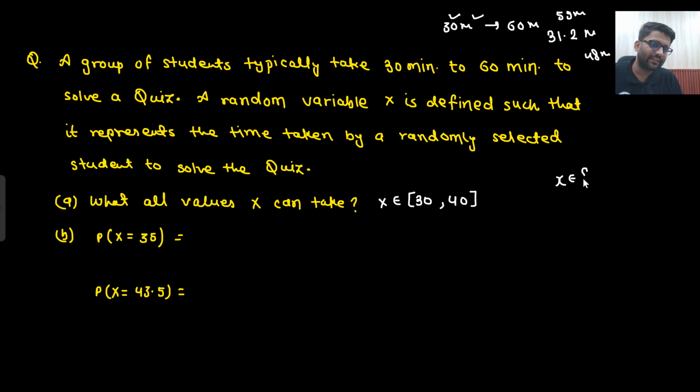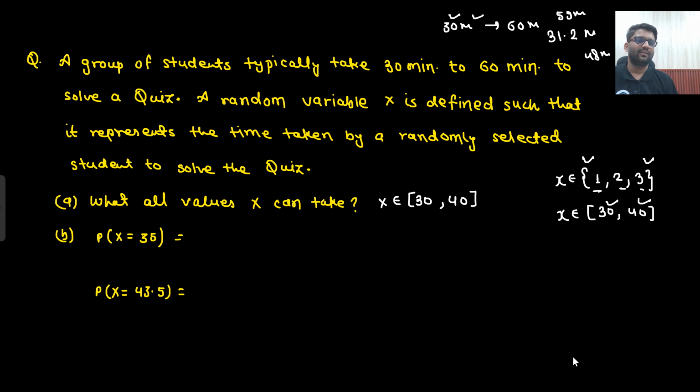When I represent X as curly brackets with 1, 2, 3, that means X could take 1, 2, 3. But if I make this large bracket, that means all the values between 30 and 40 will come, including 30 and 40 as well. But here 30 to 60 is there, no?